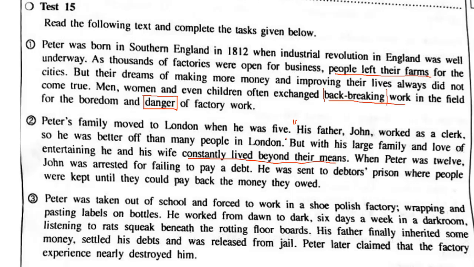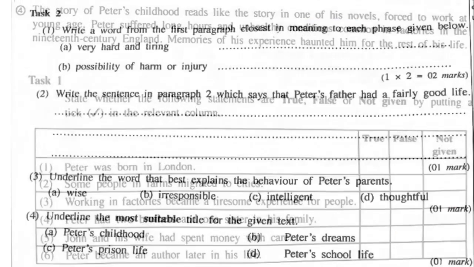His father, John, worked as a clerk. So he was better off than many people in London. So you have to start from the word "his" until "London". So what you will do, you will just copy and paste it. Remember that.